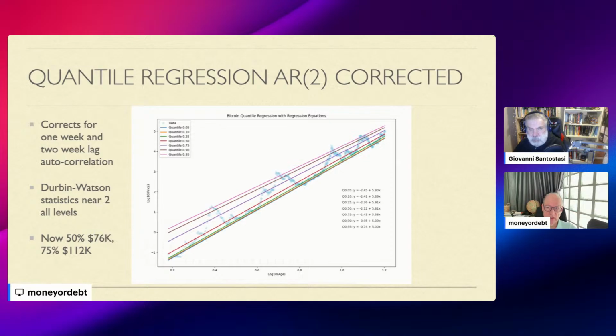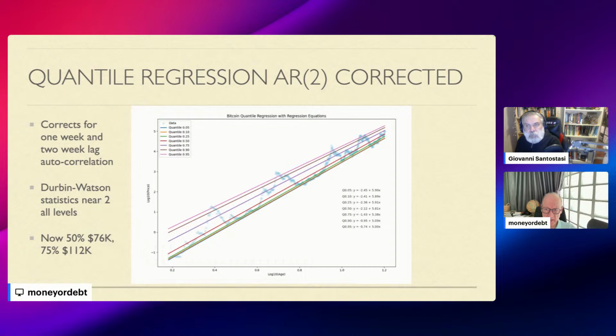And you can test whether you need that or not. So if you do the quantile regression, you test it with what's called a Durbin-Watson statistic. And you find out that if you don't correct for the autocorrelation, your Durbin-Watson statistic is very close to zero. And what that means is that you have positive correlation between each two data points that are 1 week apart, in this case. Right. So what you can do is you take your regression and then you look at the residuals, and from that, you estimate the correction for the autocorrelation, and you can take one or more terms.